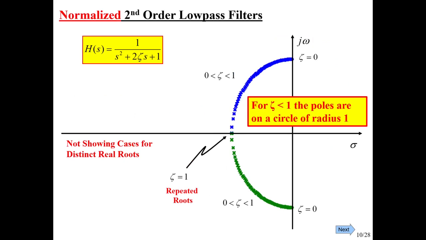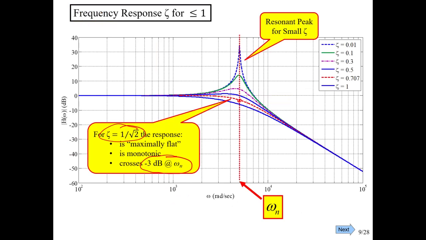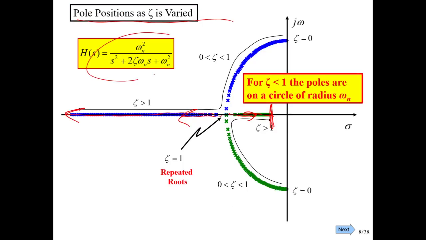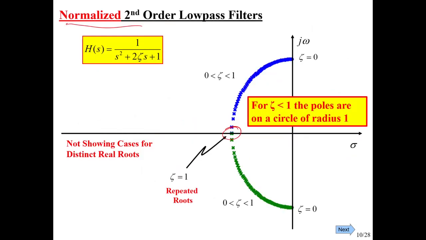Here's that same root locus plot, at least up to the case of zeta equal to 1. But for the normalized. So if you go to our transfer function here, and we normalize that relative to omega sub n, then what we would get is something that looks like this.